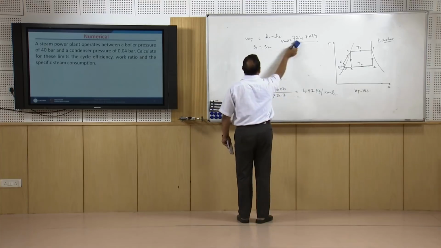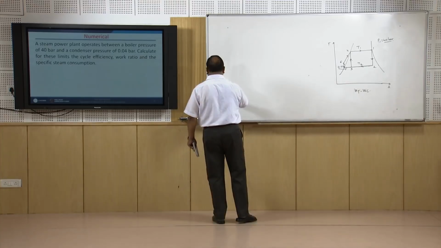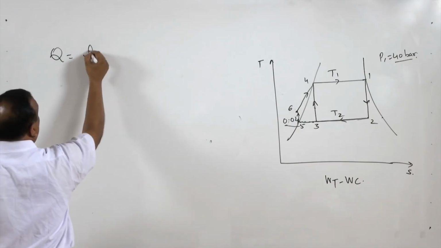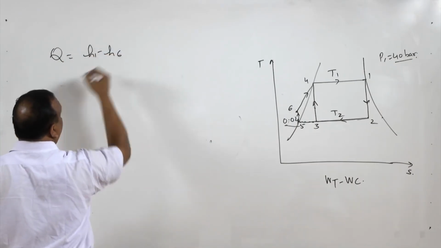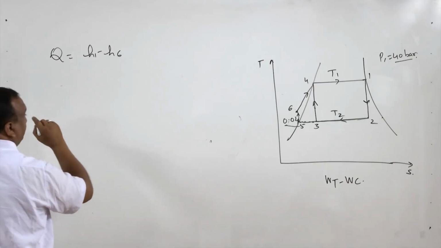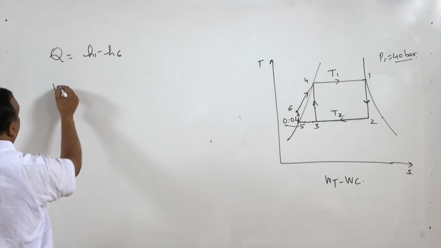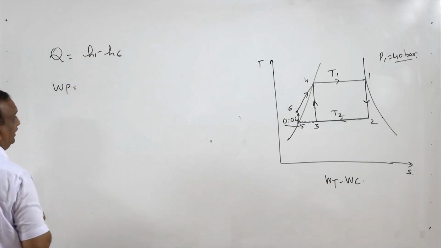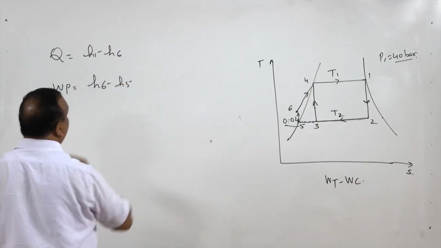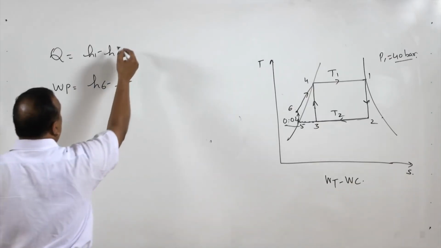Because heat added, here in case of Rankine cycle, is going to be equal to H1 minus H6. Work in the pump is H6 minus H5, but the issue is how to find H6.